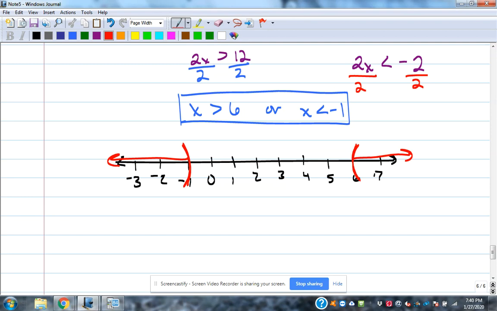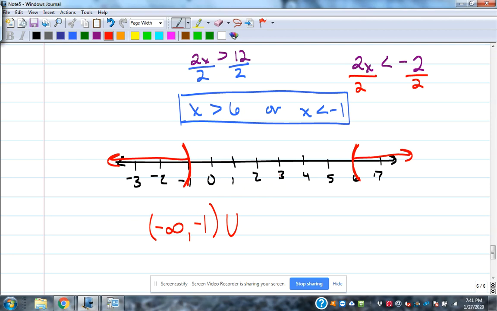The interval notation for that. What's way out here at the end of this arrow? Negative infinity. And then we're stopping at negative 1, but we're not including it, so we're going to put a parenthesis, union.